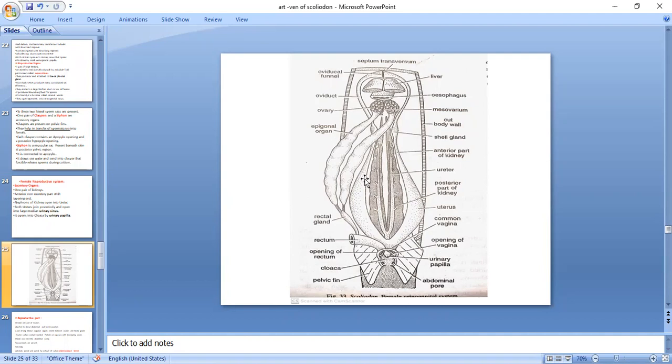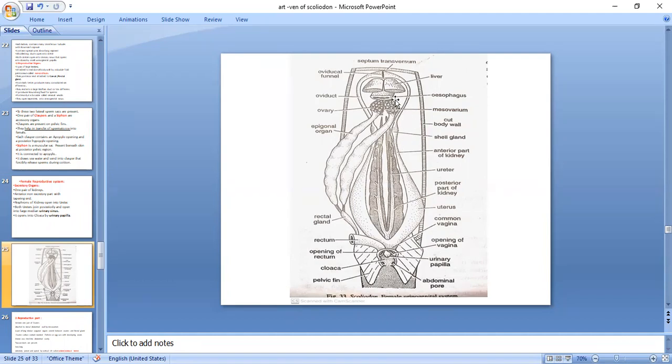Here all the uniferous tubules are joined to form a ureter. Both ureters are joined by a common ureter that opens into the cloaca with the help of urinary papillae. That is about the kidneys.